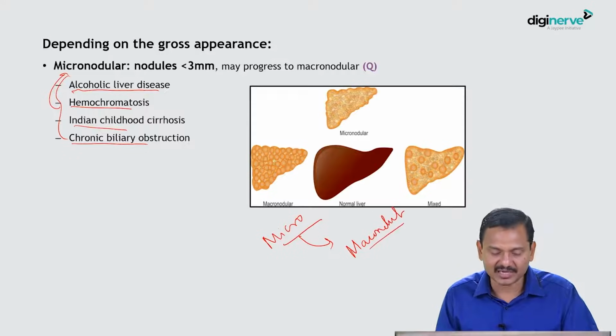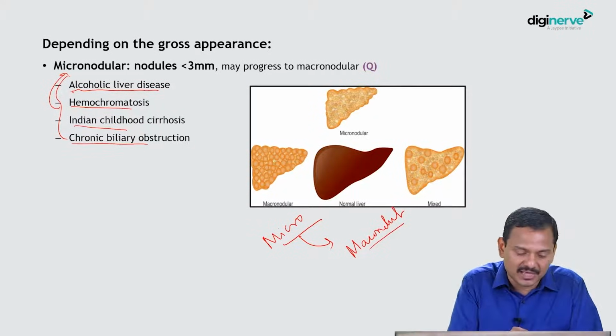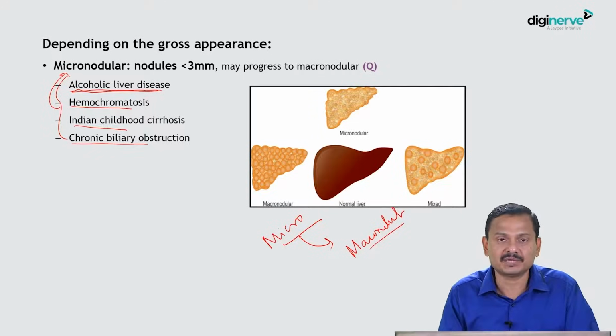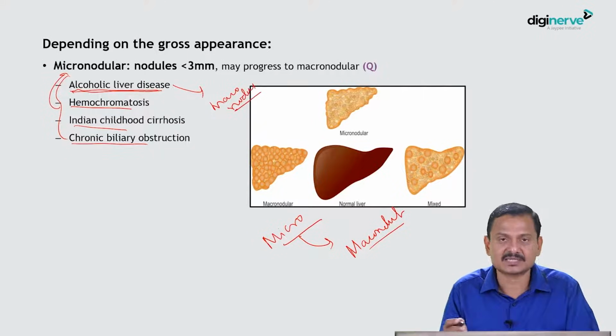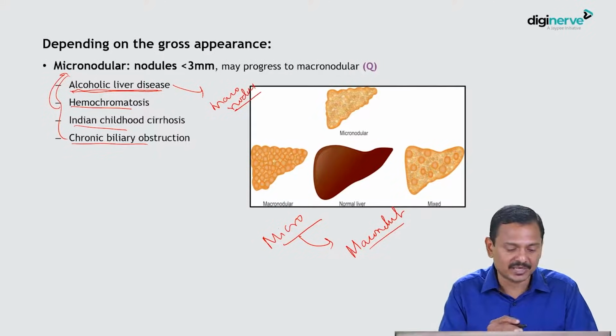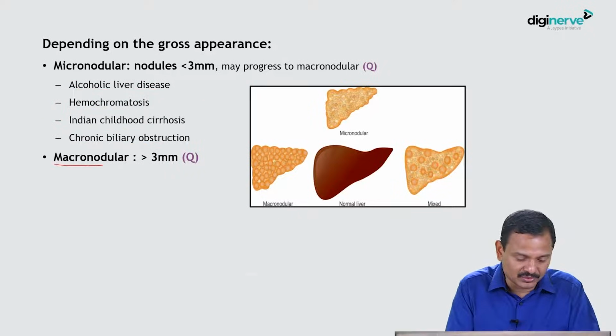So there is no hard and fast cutoff that this is definitely micronodular. So even alcoholic liver disease, predominantly micronodular, may also have macronodules. Okay, but just like that, for classification we have put them into micronodular as well as macronodular.